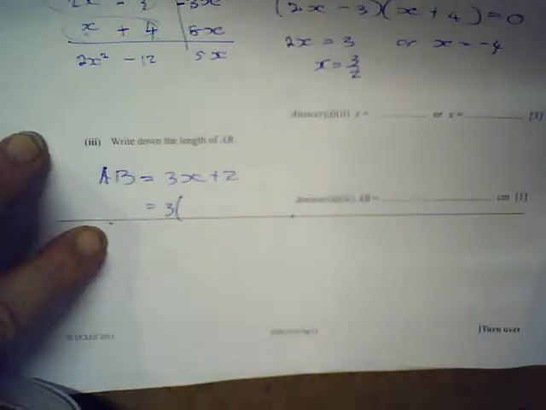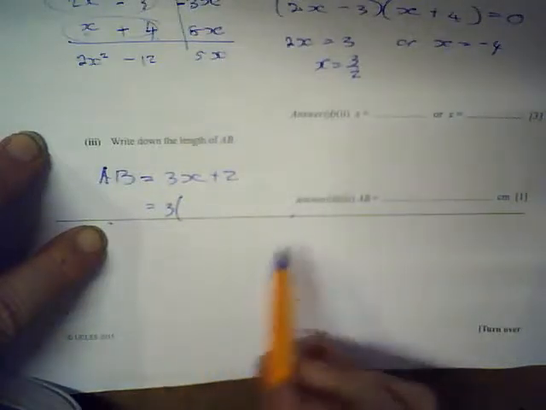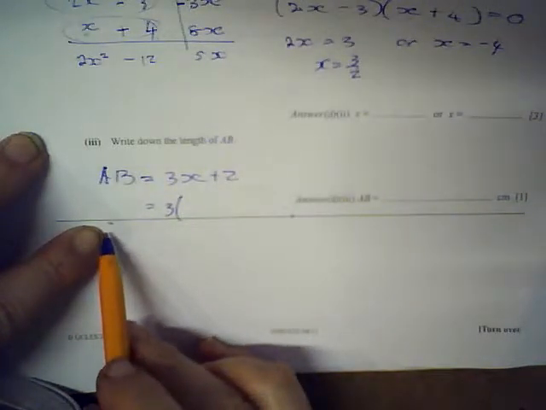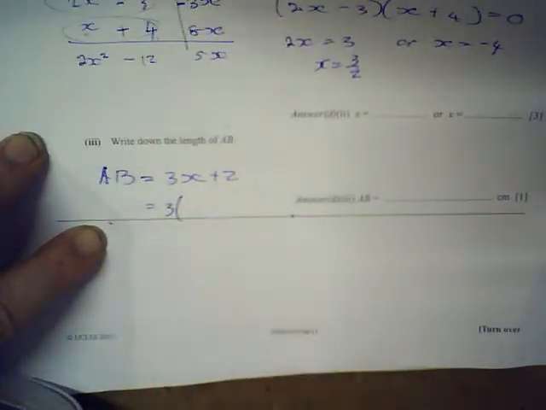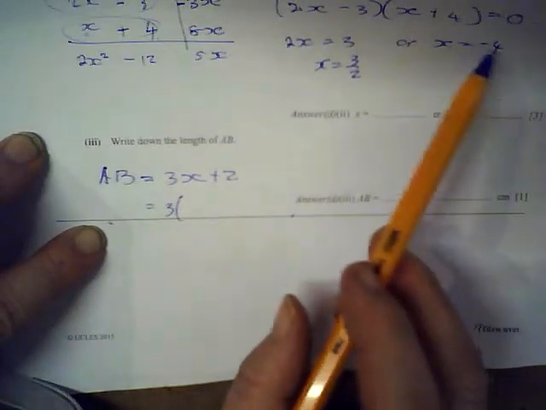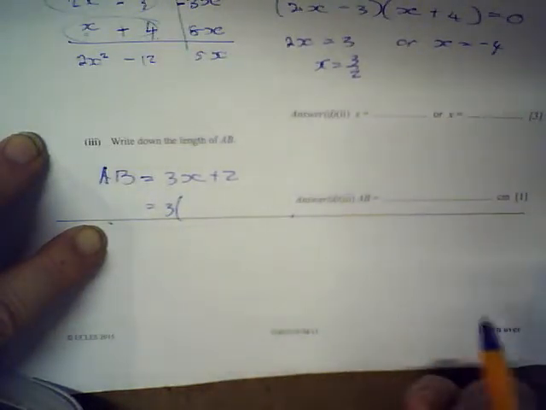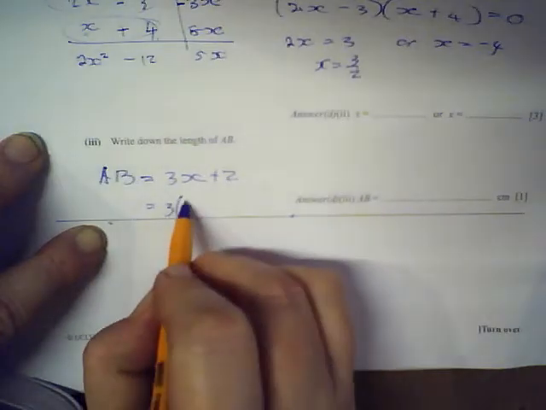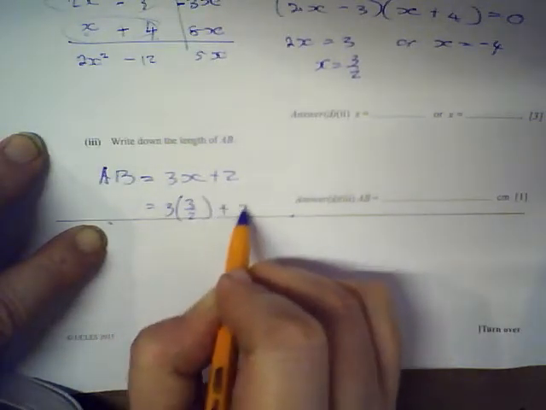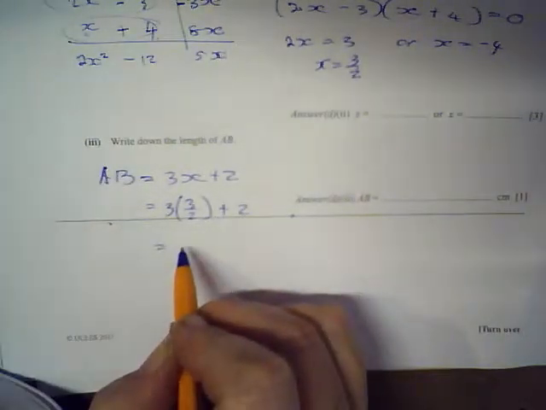It doesn't all of a sudden become negative because I'm changing the direction from where I'm starting. Okay, so therefore this negative 4 won't be a solution for a length. And I just do the substitution there. And if I substitute correctly, I will get 6.5.